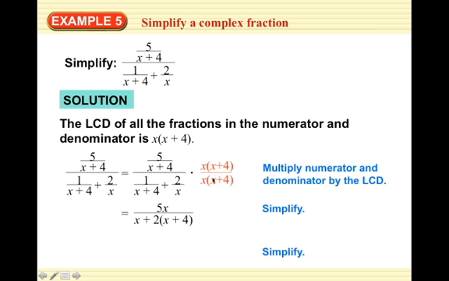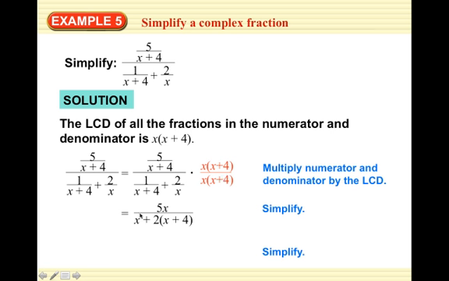Okay. Now, on the bottom, we're going to need to distribute the x times x plus 4 to the 1 over x plus 4, and then we're going to need to distribute it to the 2 over x. So let's just consider x times x plus 4 times 1 over x plus 4. This x plus 4 will cancel with this x plus 4, and we'll be left with 1 times x.